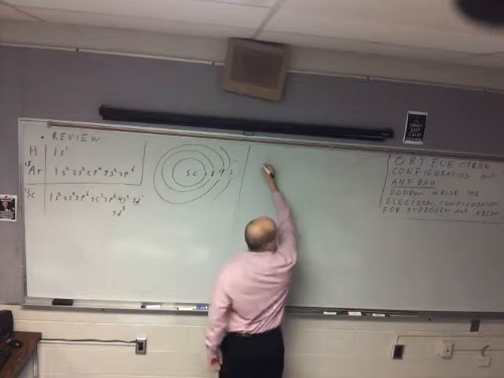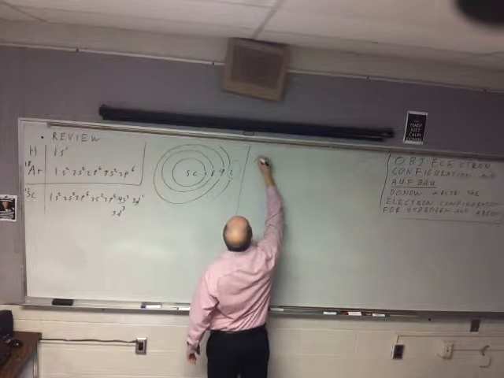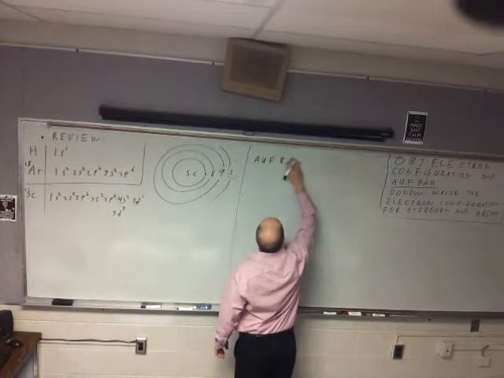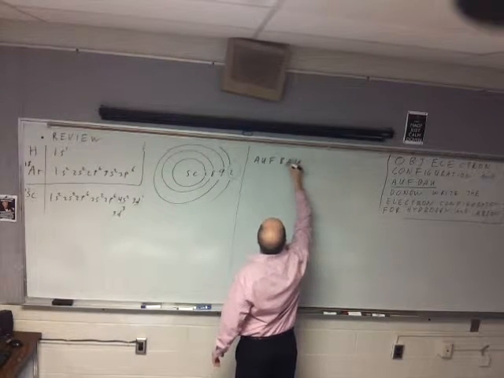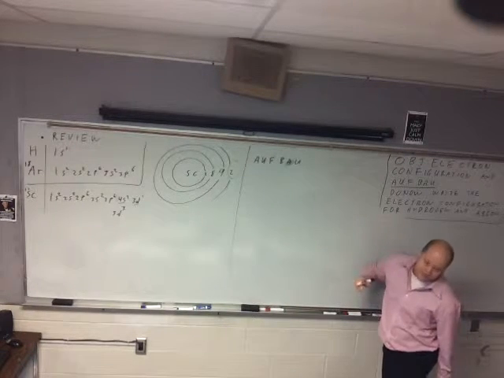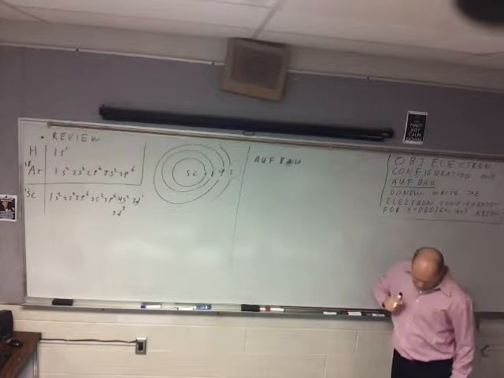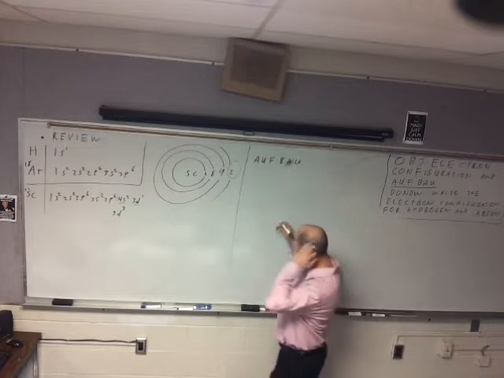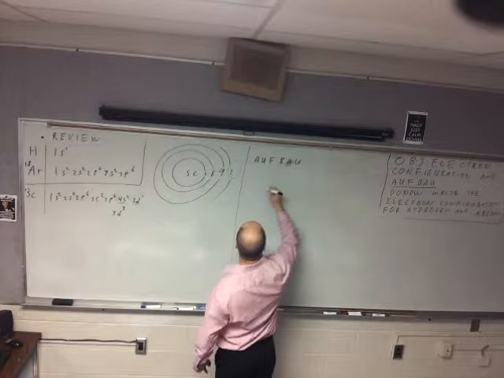And this is going to be called Aufbau. It's a German word. I think it means to build up or to construct or something. Make sure you write this down. This is what's going to show us what order the orbitals fill in. So write this exactly the way you see me write it.